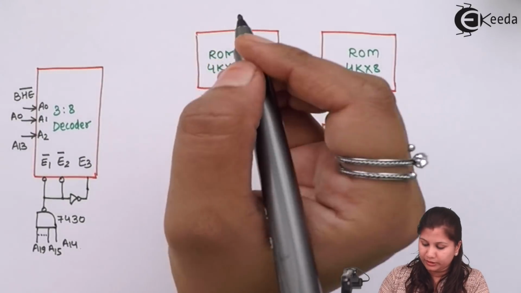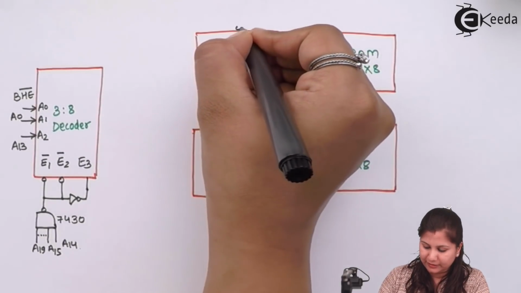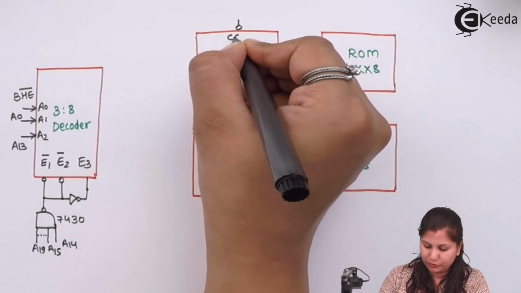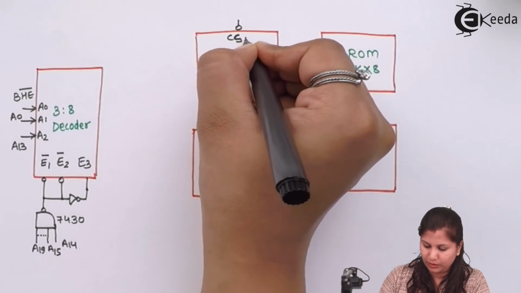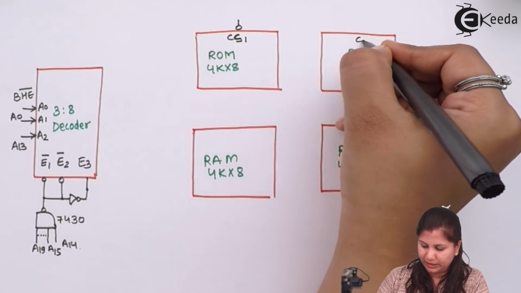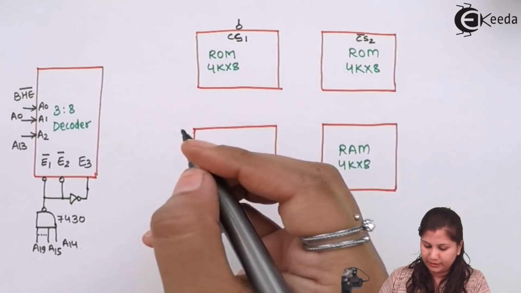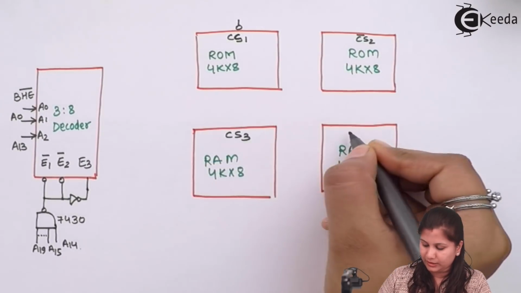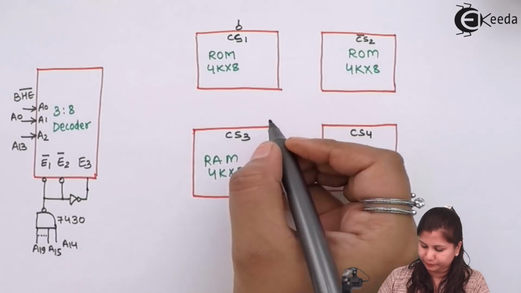Now the ROM will have a chip select signal here, which will be called CS1. This will be CS2, this will be CS3 and CS4.